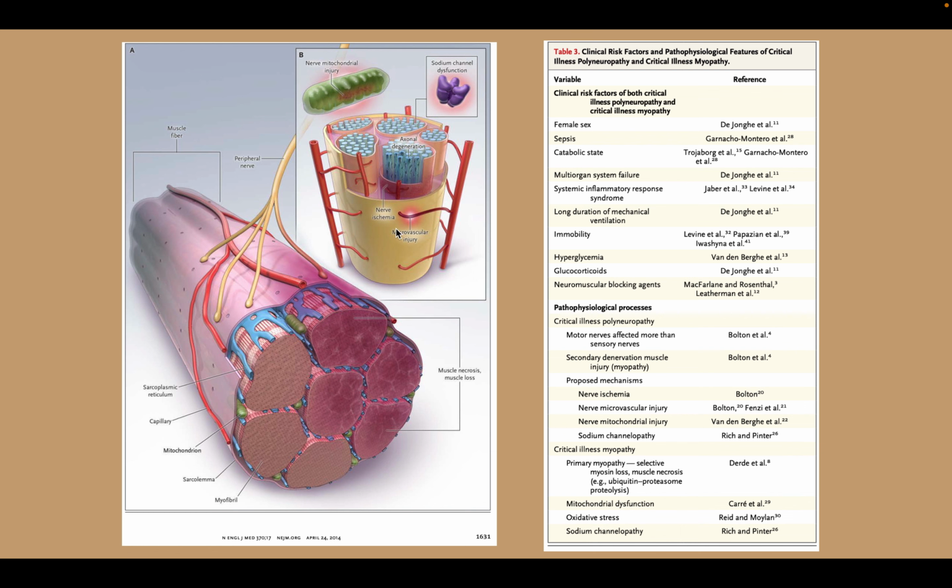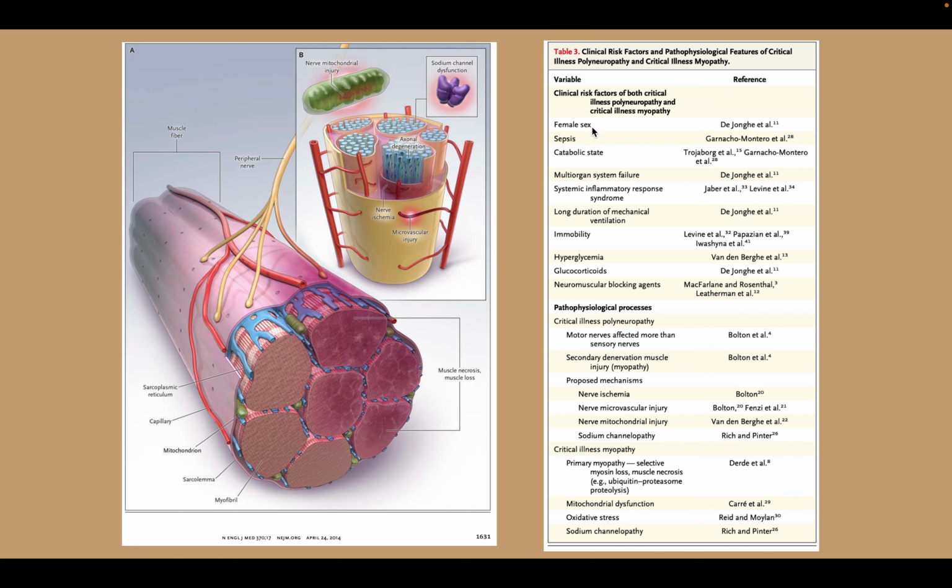There is a nerve ischemia due to the microvascular injury. Again, this can all be because of sepsis, and of course the sodium channel dysfunction. In this particular table, as you can see, the clinical risk factors and pathophysiological features of critical illness polyneuropathy and critical illness myopathy.